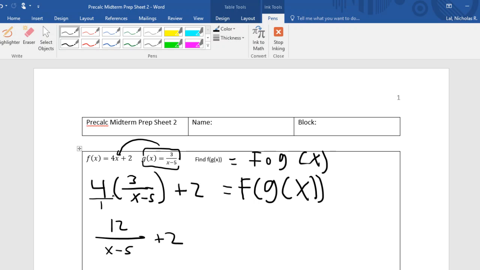You only multiply the numerator, so 4 times 2 goes in. I always put it over 1 and then we do all of that.